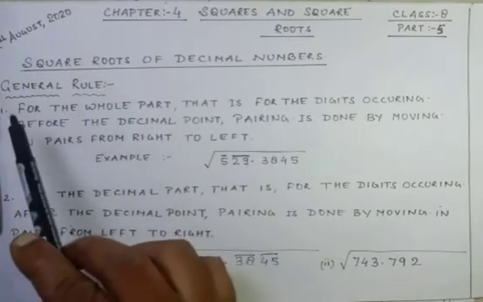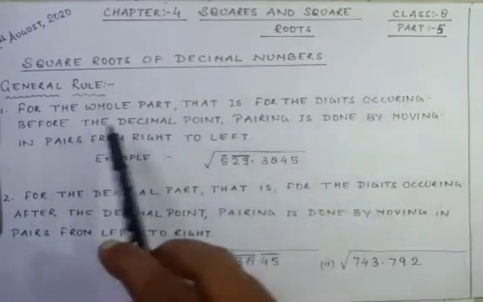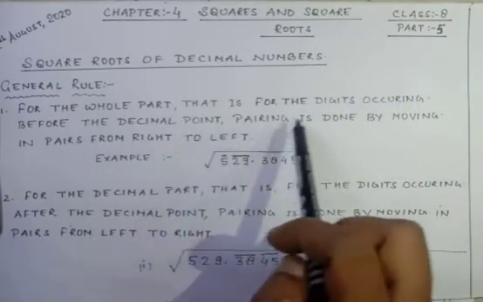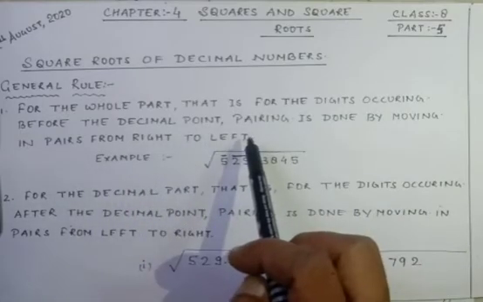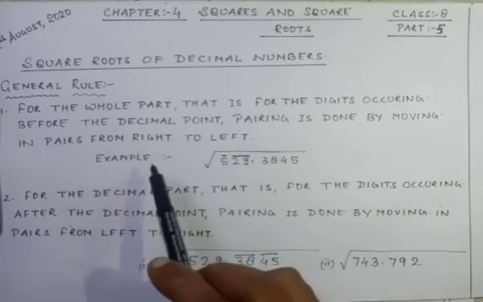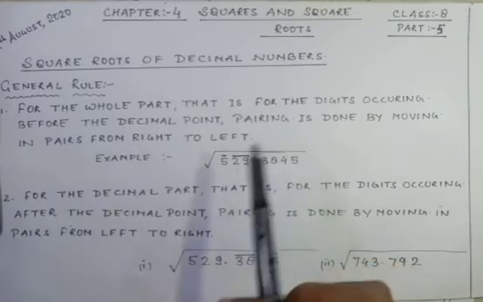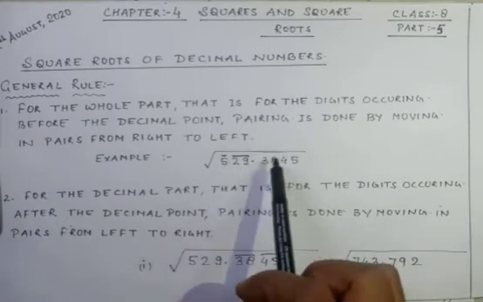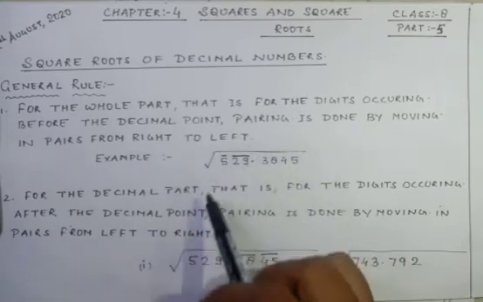The first rule says that for the whole part, that is for the digits occurring before the decimal point, pairing is done by moving in pairs from right to left. Here I have taken an example of 529.3845. First of all, whatever number is given to you, you keep it under the symbol of square root.